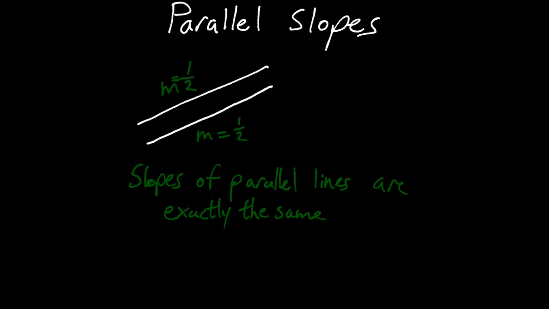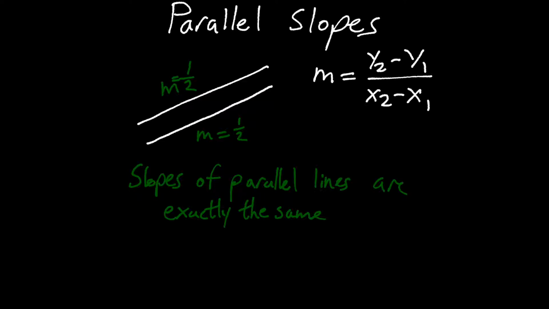And if you're asked to decide whether or not two lines are parallel, all you have to do is discover their slope. You know the slope formula, where if you have 2 points, the slope formula is y2 minus y1 over x2 minus x1.